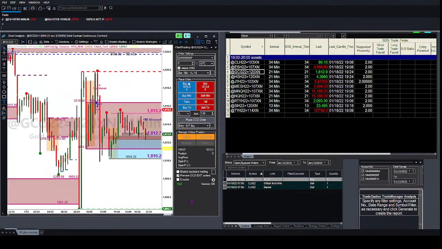Gold took a big move this morning. Interesting. Did that hit during the session?